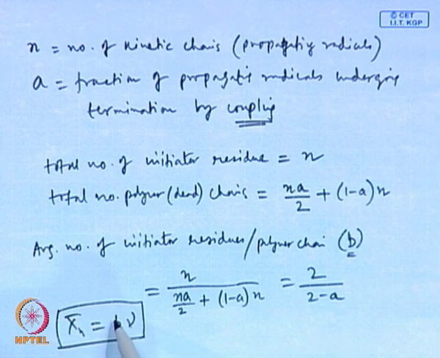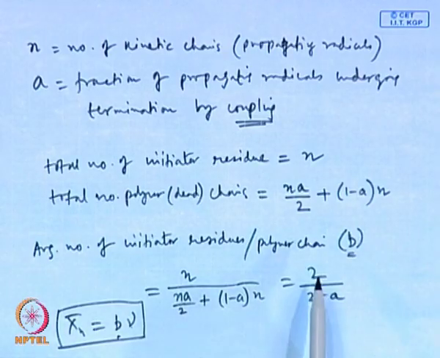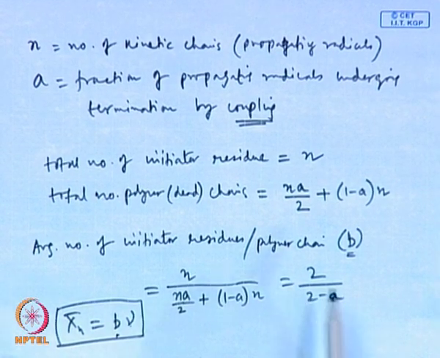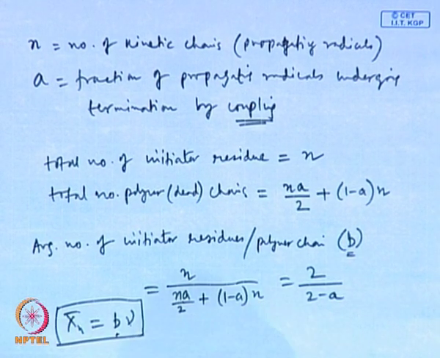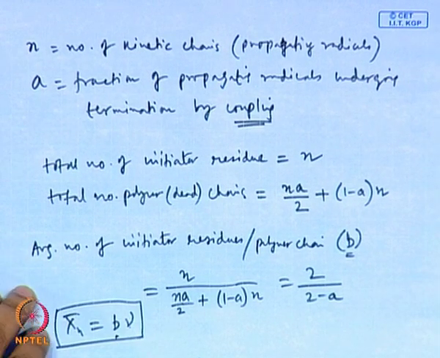If we get the concentration of the initiator residues, then we can divide by the number of chains to get B. So, from that we can experimentally determine B, and if we know B, we can find out A, the fraction of chains undergoing termination by coupling, and 1 minus A, the fraction of kinetic chains which have undergone termination by the disproportionation reaction.